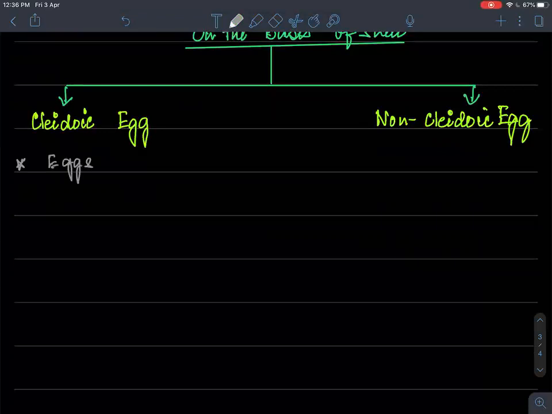Example: eggs of birds, reptiles, terrestrial insects, because terrestrial insects are the ones living on land. So when they lay eggs, their eggs should not be damaged. So to protect them, they have a hard shell. And then non-cleidoic eggs are eggs without a hard shell.